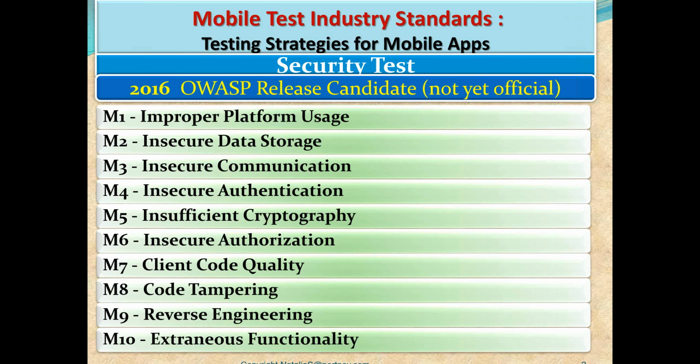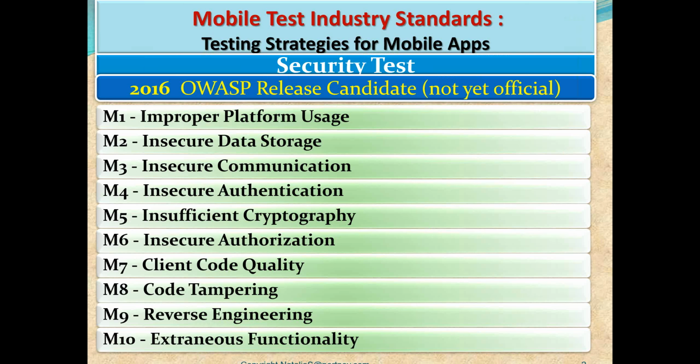Software such as IDA Pro, Hopper, and other binary inspection tools give the attacker insight into the inner workings of the application. Extraneous functionality: often developers include hidden backdoor functionality or other internal development security controls that are not intended to be released into the production environment, but they forget to remove it.